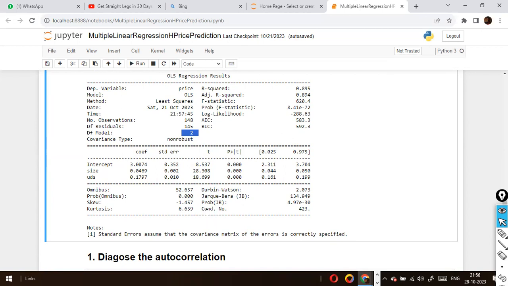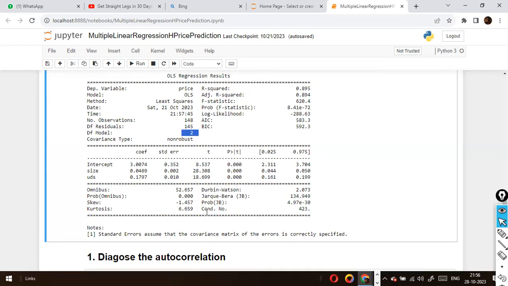When you plot all the errors for all the records in a data set, they should be normally distributed. Since the p-value is less than alpha, we are rejecting the null hypothesis that the residuals are normally distributed.